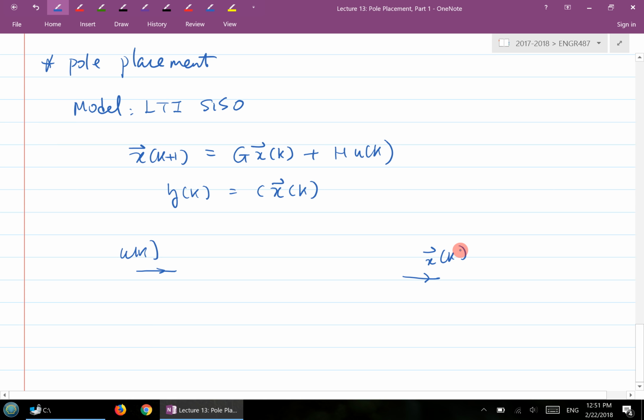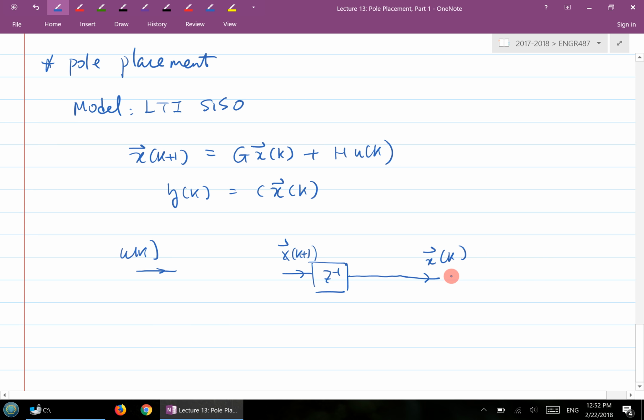Now, looking at the current structure, x of k comes from x of k plus 1, so you can let x of k plus 1 go through a delay here, and that'll give you x of k.